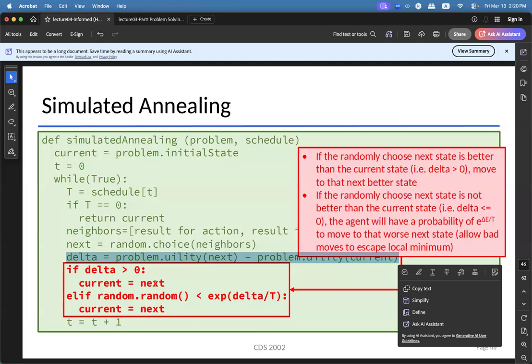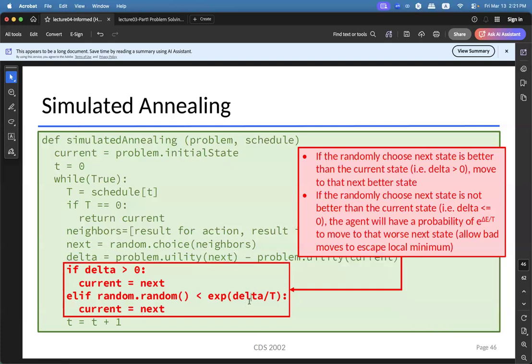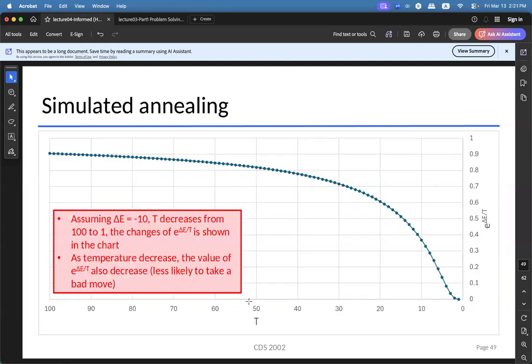If the random value is smaller than this probability, then you move to that state. You can refer to this chart.